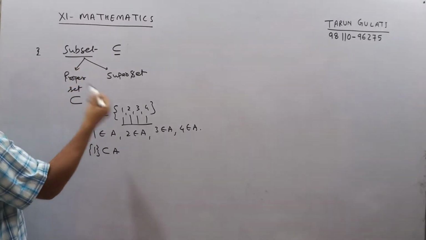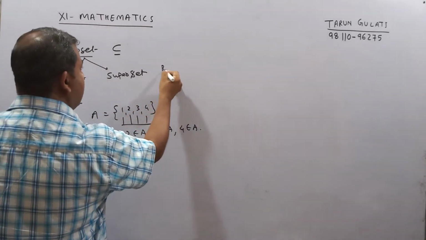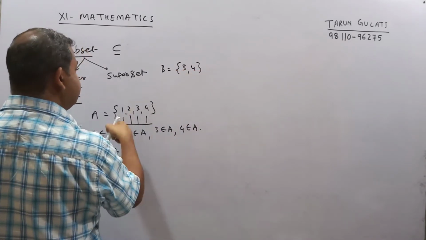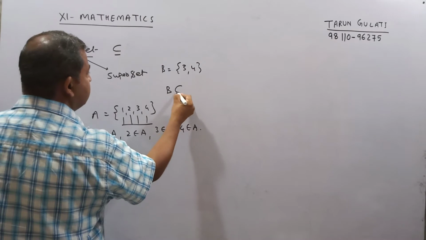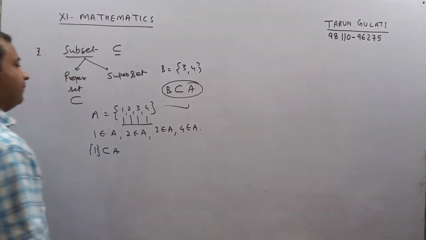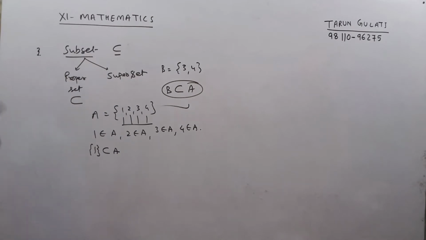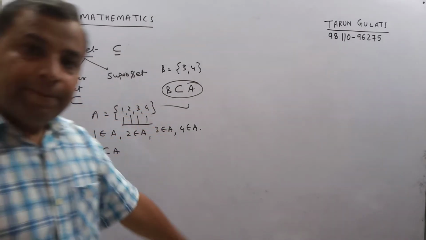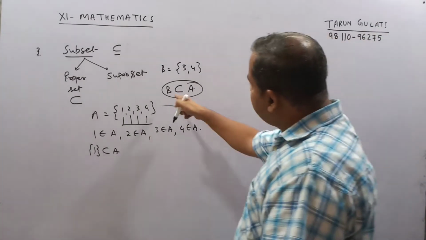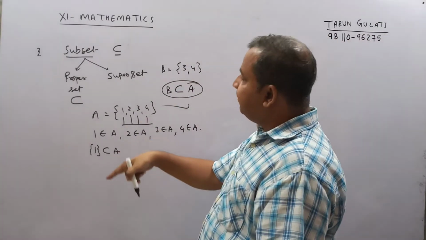So if set A is this and we have a set B which is only 3 and 4, we can say that B is a subset of A. B is a subset of A means B is a proper subset of A. Total B is included in A. That is a proper set.